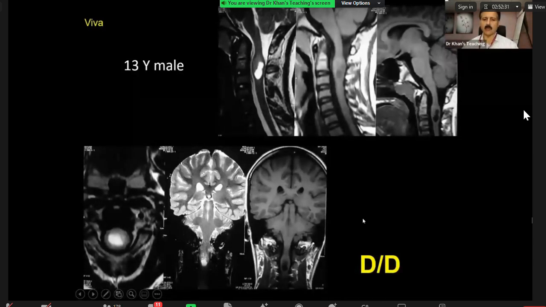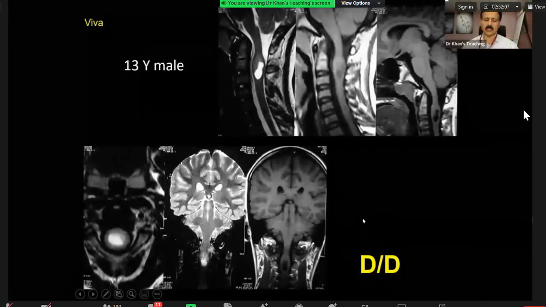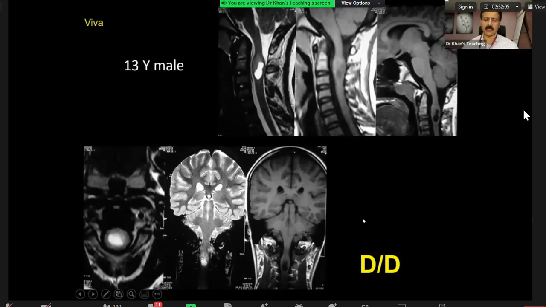Number one, both of them can have a cystic component, and even astrocytomas at times have hemorrhage. Hemangioblastoma, on the other hand, is quite unique, because you should think of it like the brain. In the brain also, classical hemangioblastoma is a cystic lesion with a very arterially enhancing nodule.